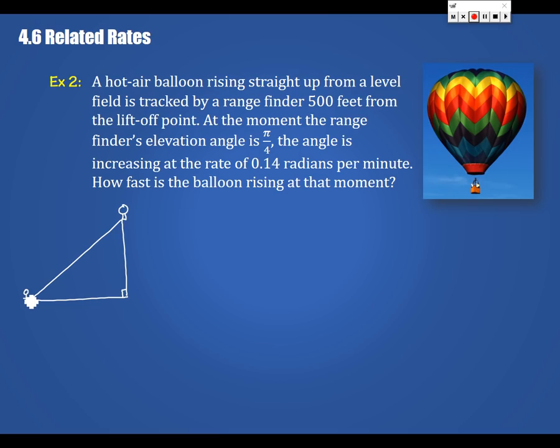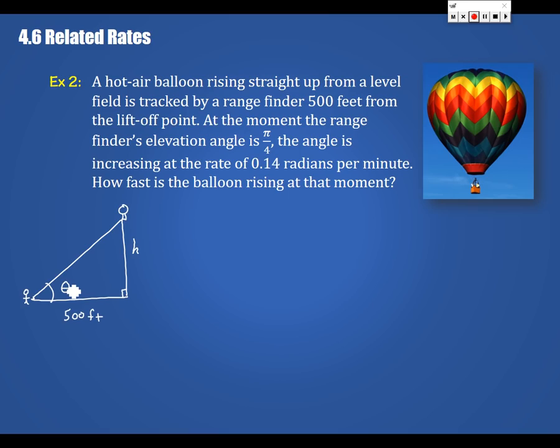And it's 500 feet from the liftoff point, so we can label that. And now we need some names for things. I guess we'll use the names that are in there. We'll call this H. Did it give a name to this side? Okay, doesn't matter. We'll call this theta.